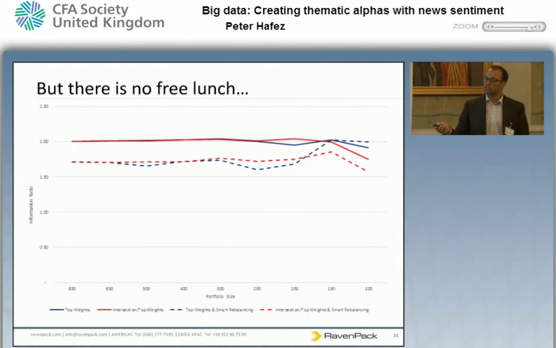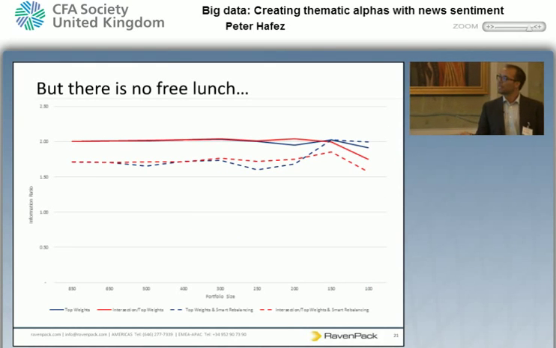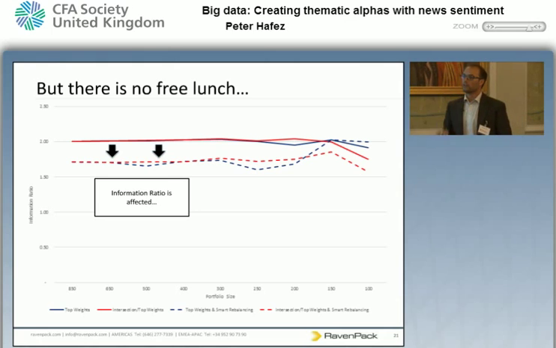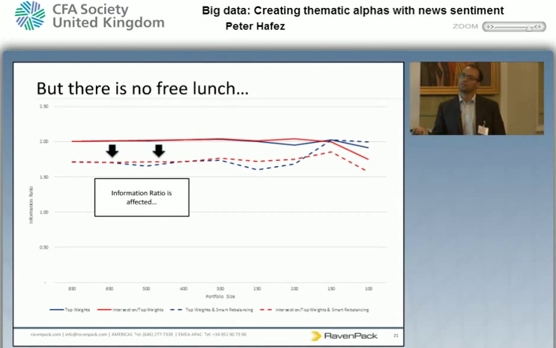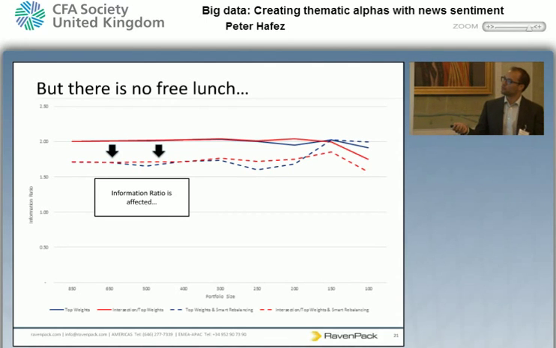But of course, it comes at a cost, right? It comes at a cost of lower pre-cost information ratios. So it goes from about 2 to 1.75. So you have to give up a little bit of pre-cost information ratio.